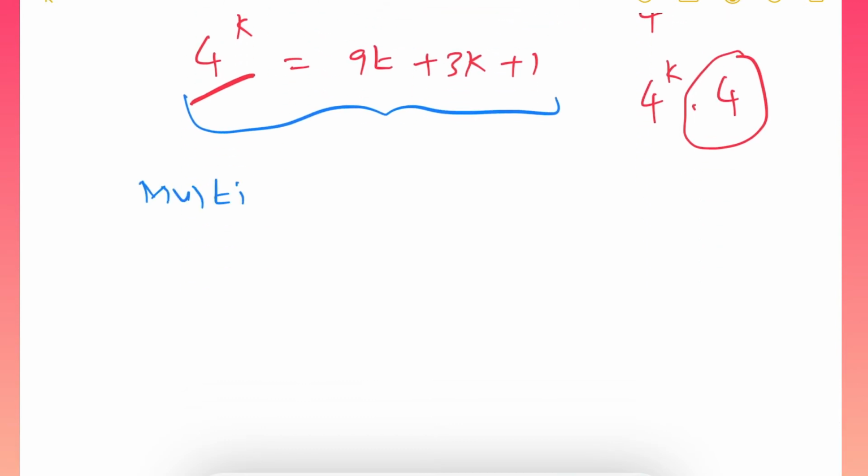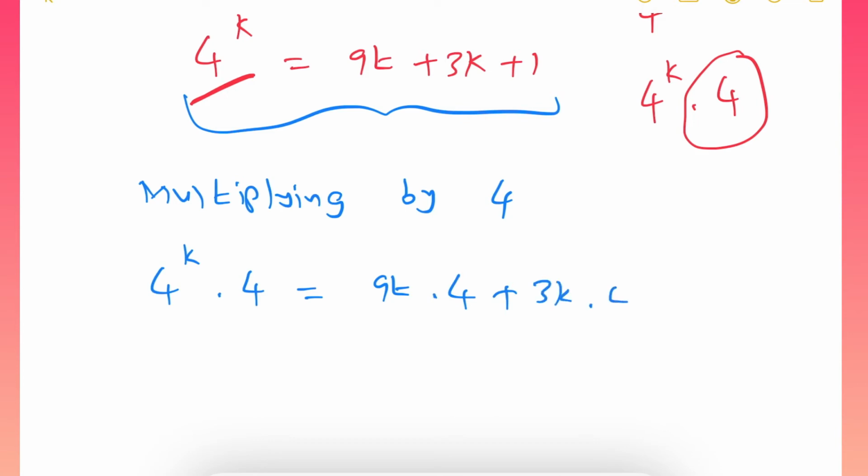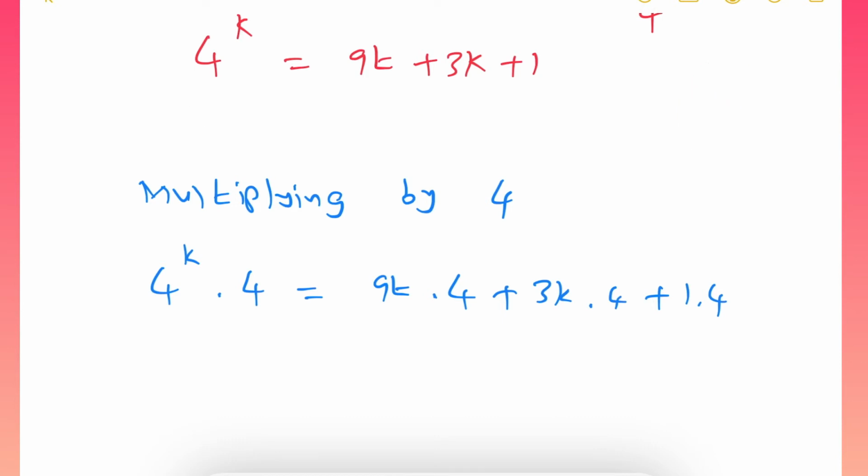So we get 4 power k into 4 equals 9t into 4 plus 3k into 4 plus 1 into 4. Whenever we are multiplying an equation, we need to multiply each and every term. So that's what I did here.